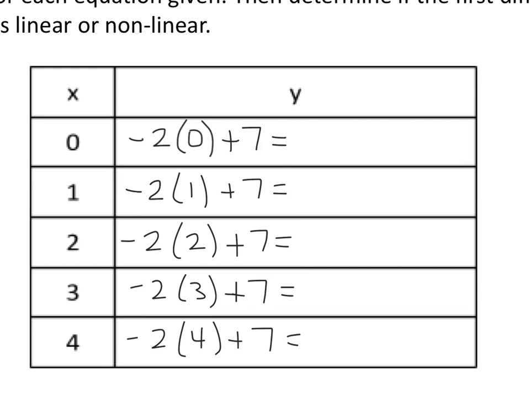So starting from the top, if we do the math, we would get 7, 5, 1, and negative 1. So these are the y values that we can now use to calculate first differences in order to determine if this equation is going to be linear or nonlinear.